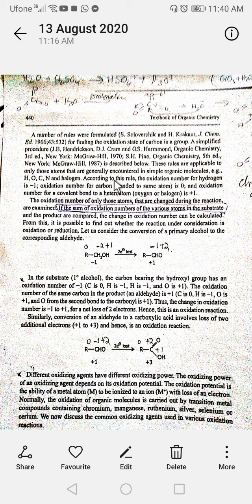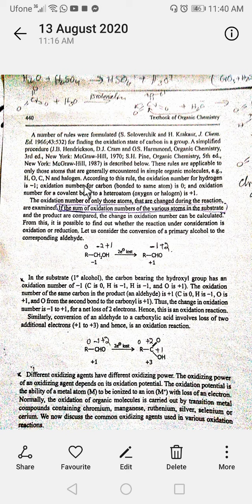In simple organic molecules, those in which hydrogen, oxygen, carbon, nitrogen and halogens are present in the molecule, those are called simple organic molecules.